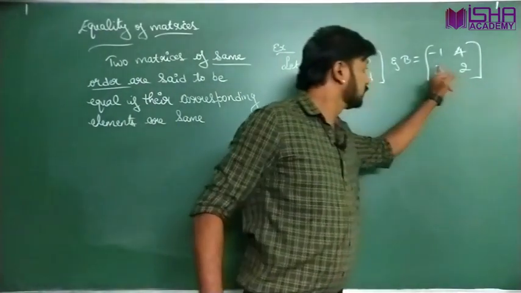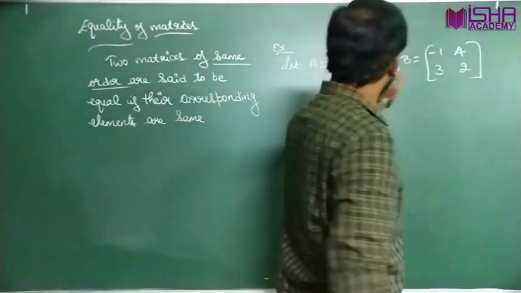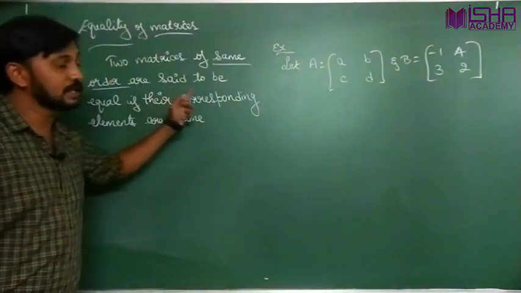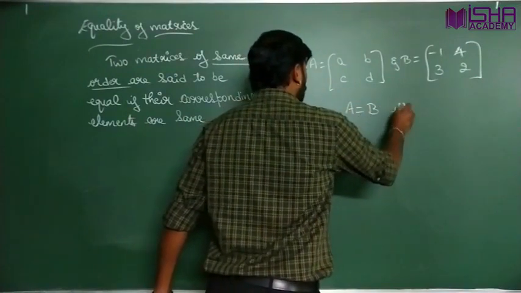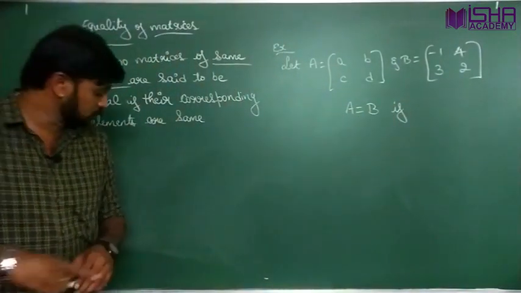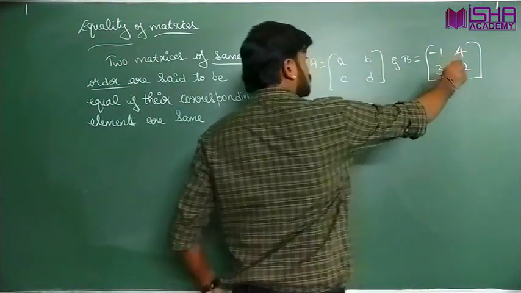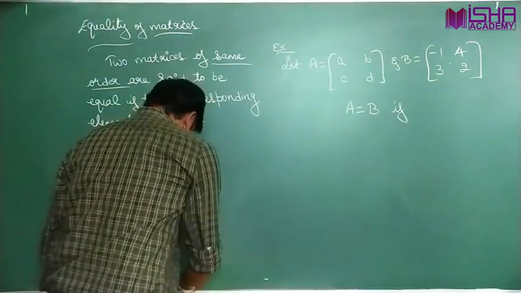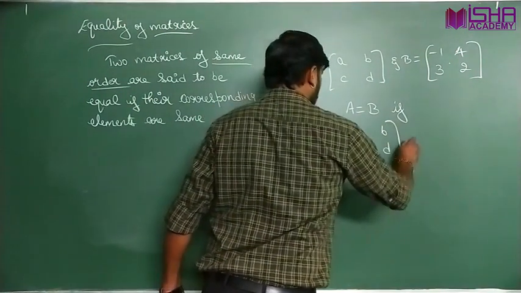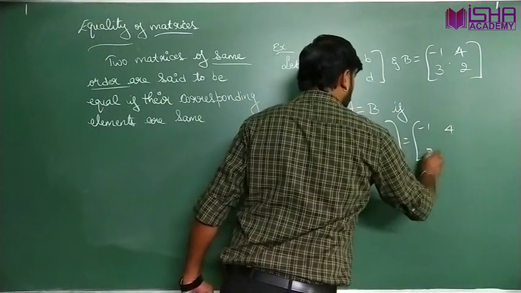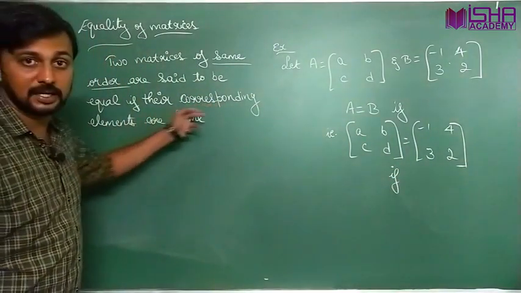Only then can you equate them. Now A equals B means matrix A is equal to matrix B. Let me write it: [a, b; c, d] equals [-1, 4; 3, 2] only if their corresponding elements are the same.